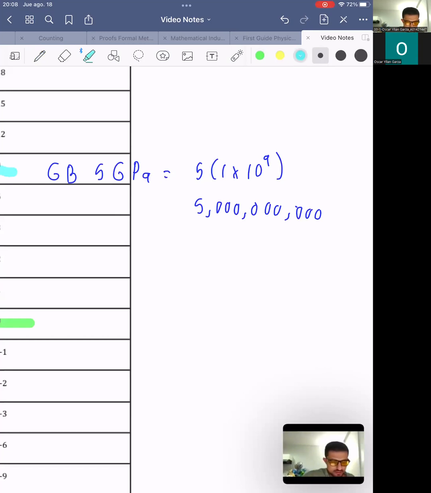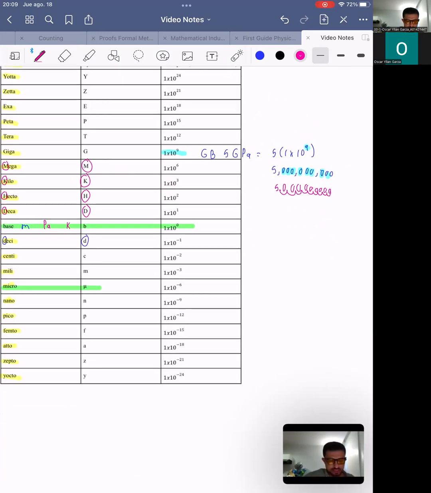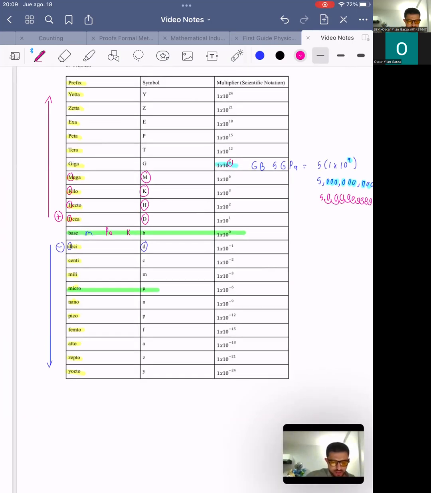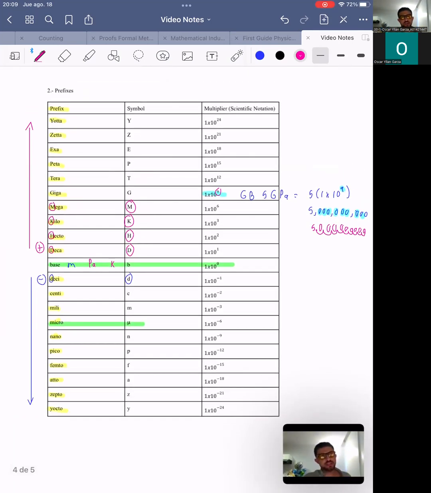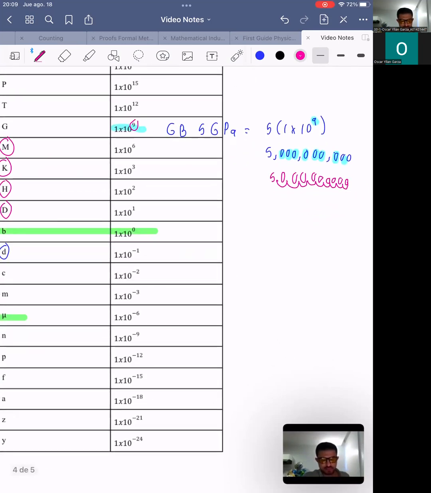That's what the exponent means: the number of zeros we have to add, or the number of jumps of the decimal point, 1, 2, 3, 4, 5, 6, 7, 8, 9. This is what the exponent means. We have to learn them by heart, or at least know how to use the tables. That's for the ones that make units bigger.